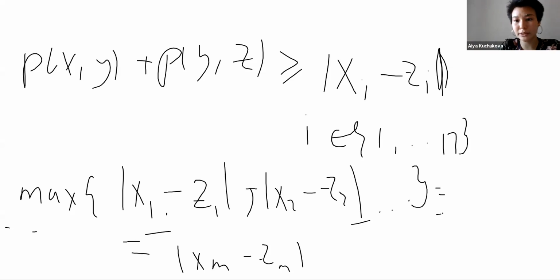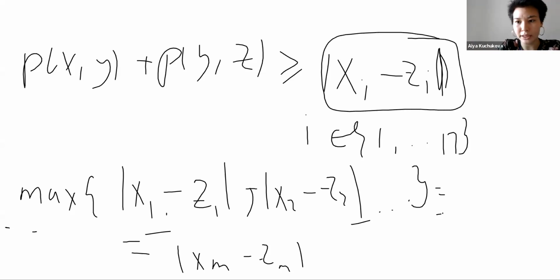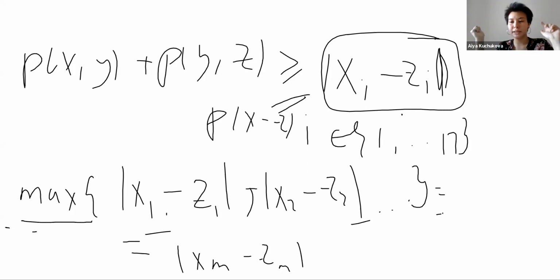So we can always make this equal to that maximum, which means that we can always make this equal to p(x,z). Does it make sense? Because I can repeat.